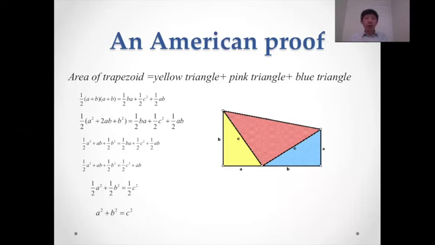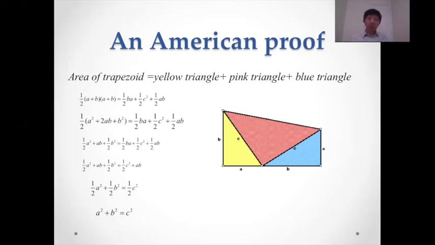So here is a trapezoid. We have a combination of 3 different color triangles: a yellow triangle, a pink triangle, and a blue triangle, right?